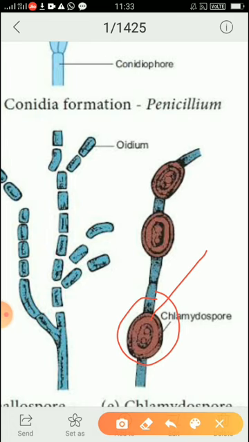It is the singular form of mycelia. Okay. Then examples of these chlamydospores are Rhizopus and Agaricus. In these organisms we can see chlamydospores. Okay, these are the types of spores based on the characters like thick wall, thin wall, or motile and non-motile.